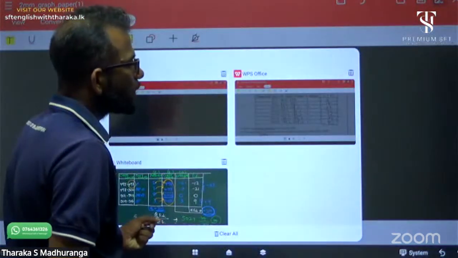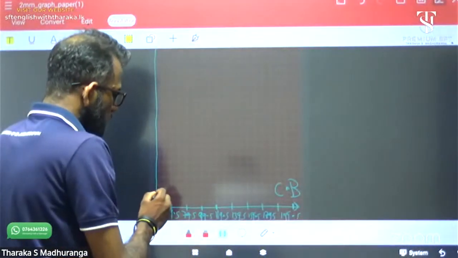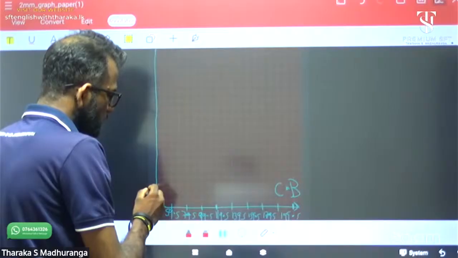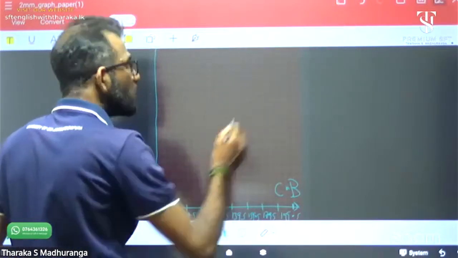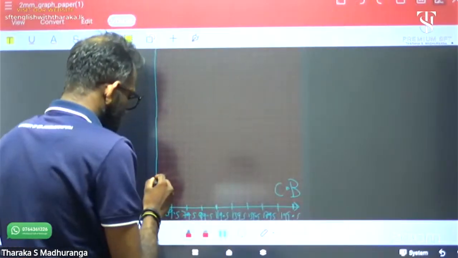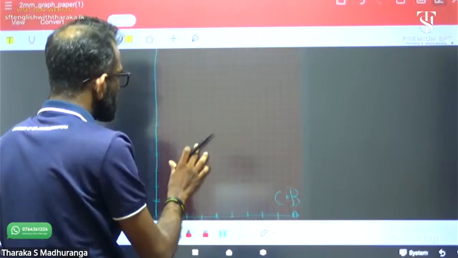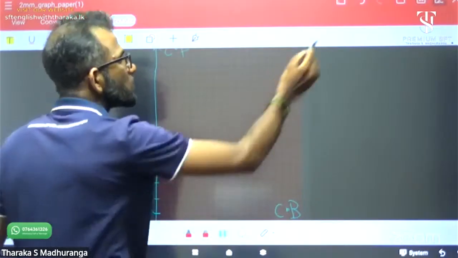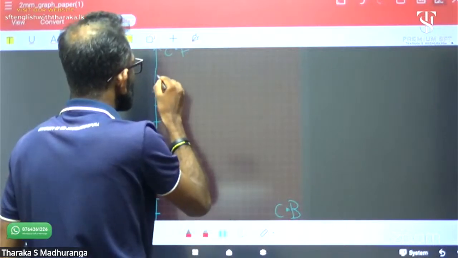Now cumulative frequency maximum is 40. Then you can get 1, 2, 3, 4, 5, 6, 7, 8, 9, 10.